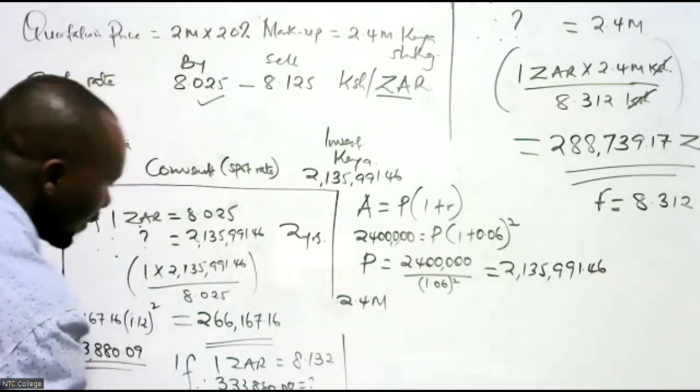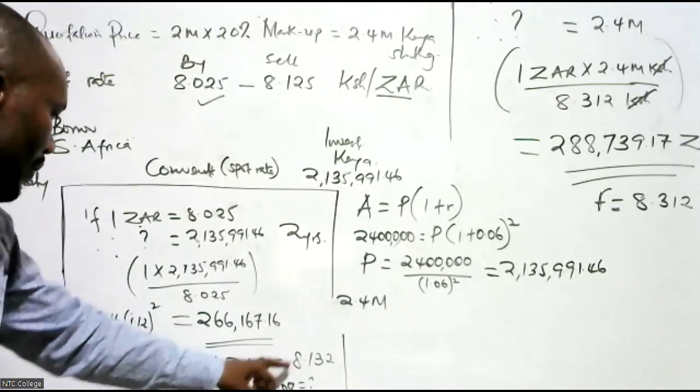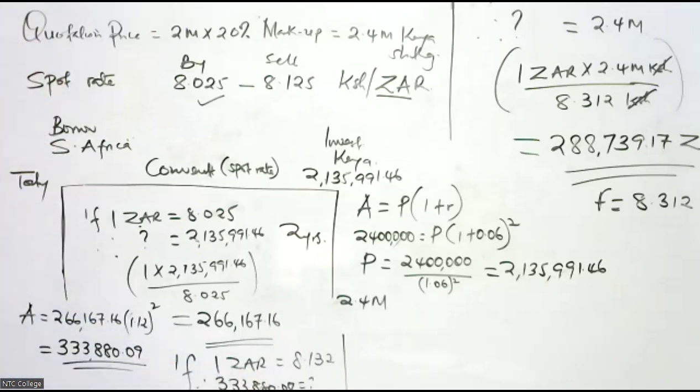So we have this times this. How much are you going to receive? This one is ZAR. This one times this. How much is it that you're going to pay in ZAR? In Kenyan shillings. The answer that you're going to get is in Kenyan shillings. So we have 333 point.